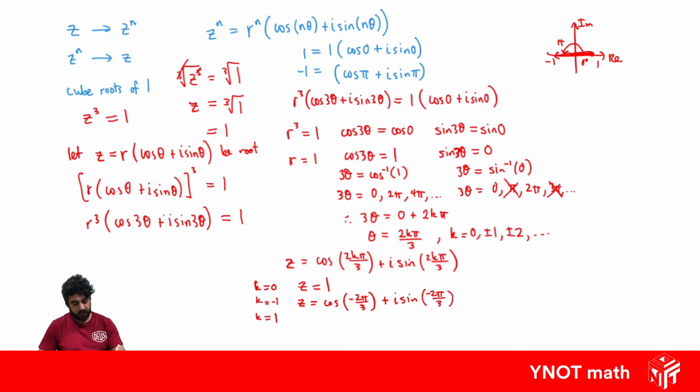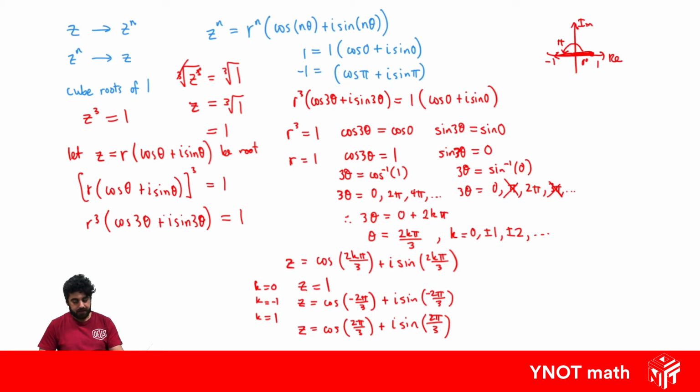And subbing in k as 1, we're going to get z equals cos of 2 pi on 3 plus i times sine of 2 pi over 3. And these are our 3 solutions to our equation, z cubed equals 1, one of them being a purely real number.